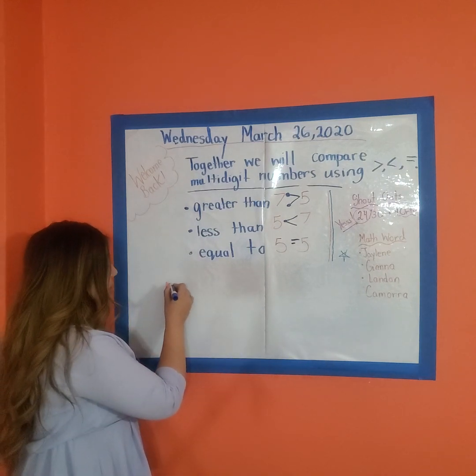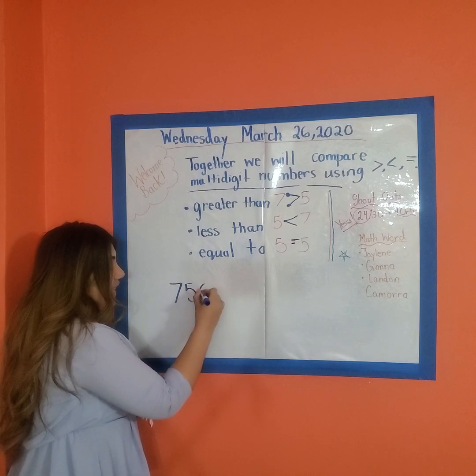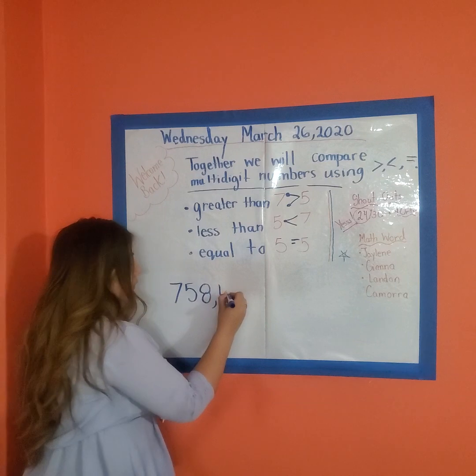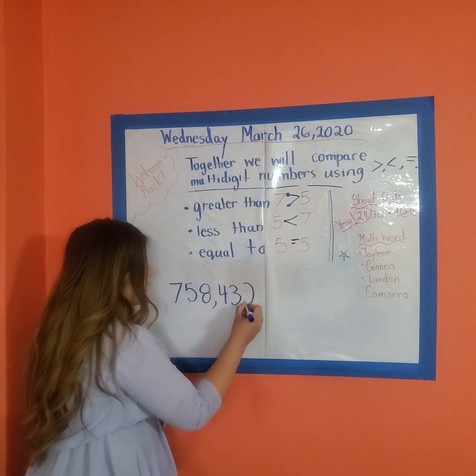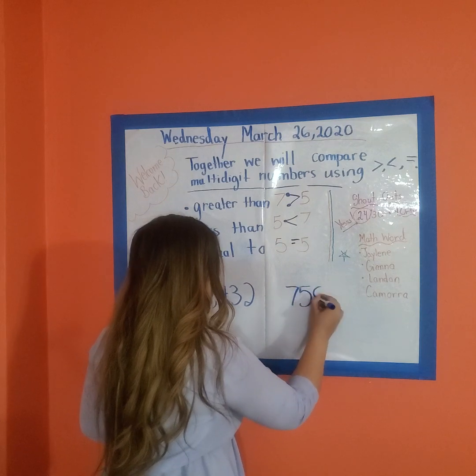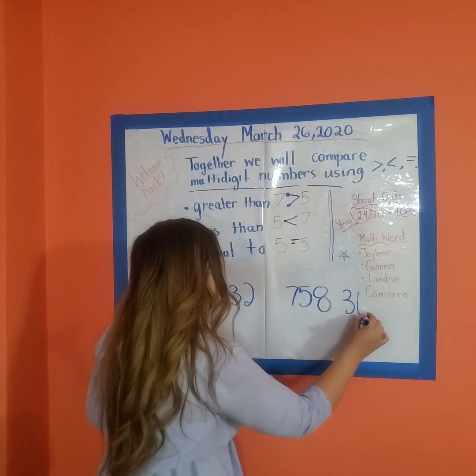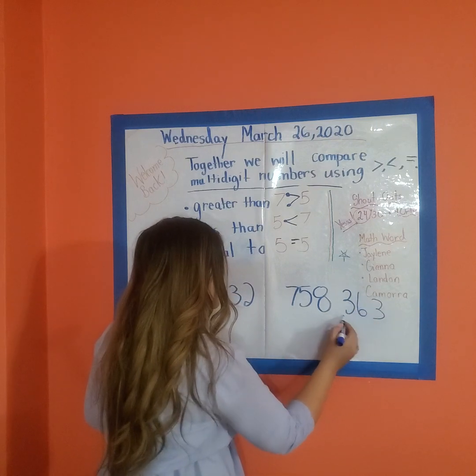So I'm going to start off by saying 758,432 is what to 758,363. Okay?